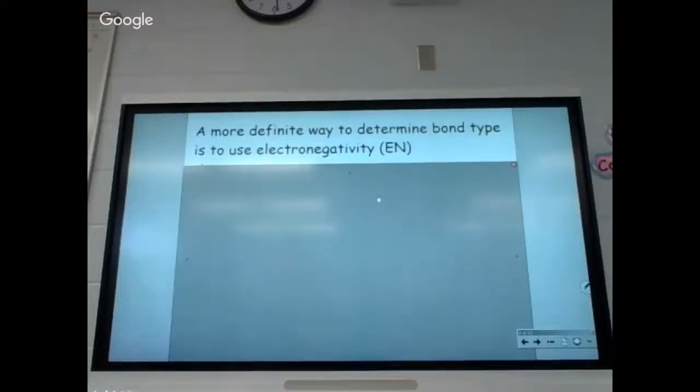All right. So a more definite way to determine bond type is to use an electronegativity scale. Now, I'm going to give you an electronegativity chart because we're going to use it in this unit. All right, Darlene, I want you to roll back and I'll take notes on all of this chart, okay?